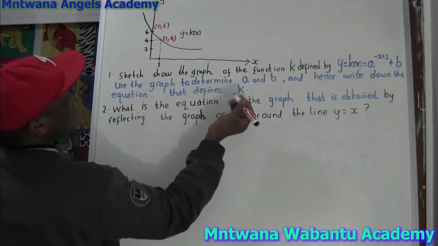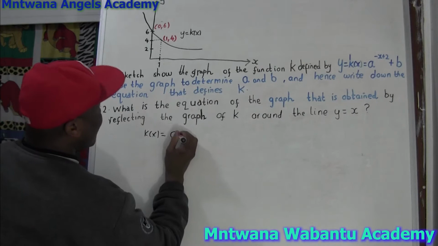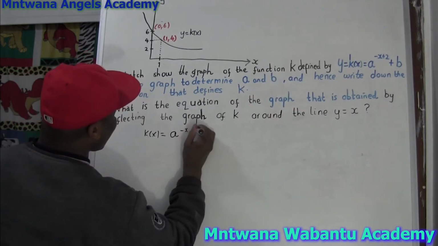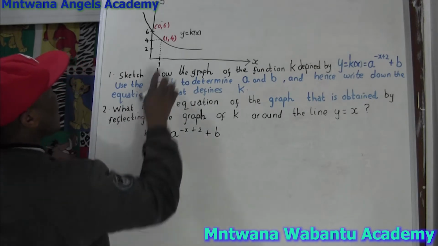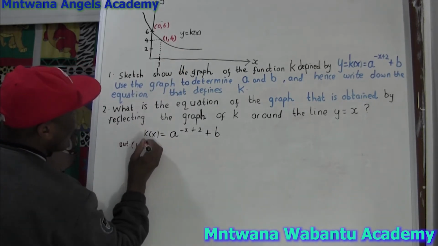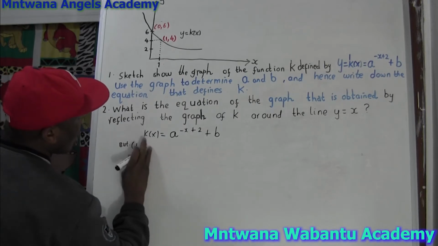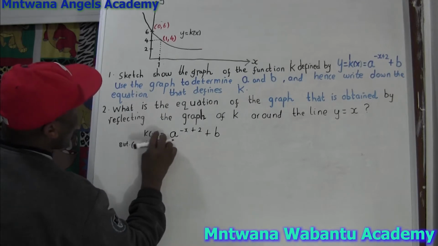Okay, so I'm going to say my equation is k of x equal to a to the power negative x plus 2, plus b. So we have the first coordinate. Which coordinate? (1, 4). It lies on this equation.